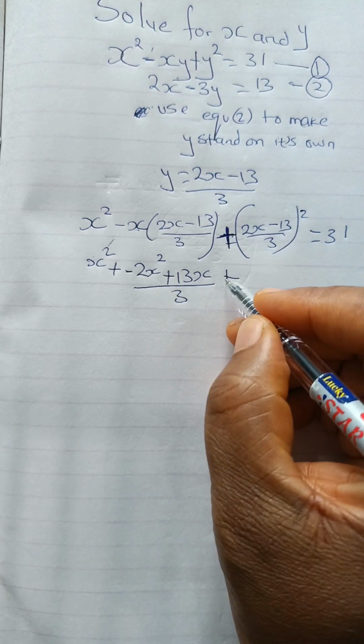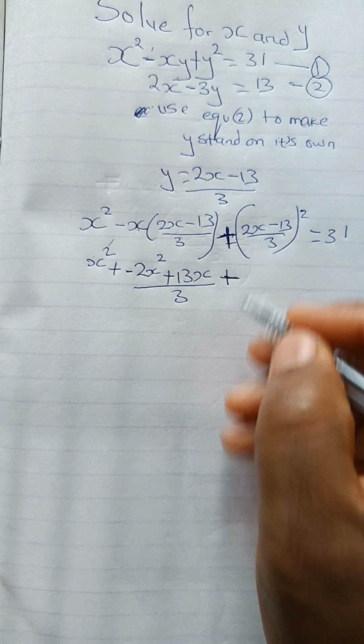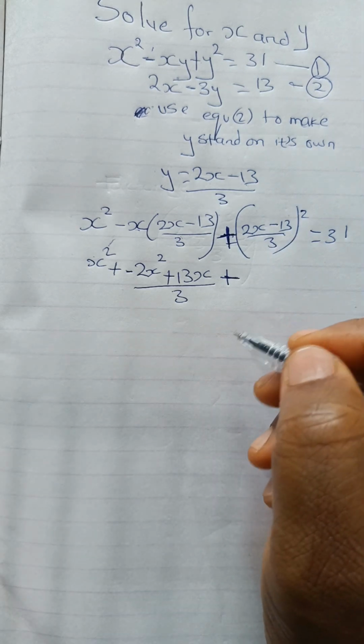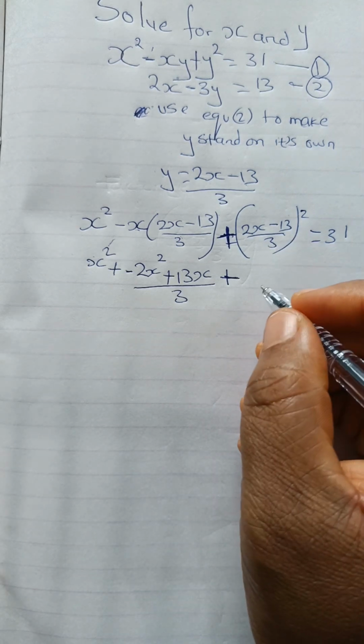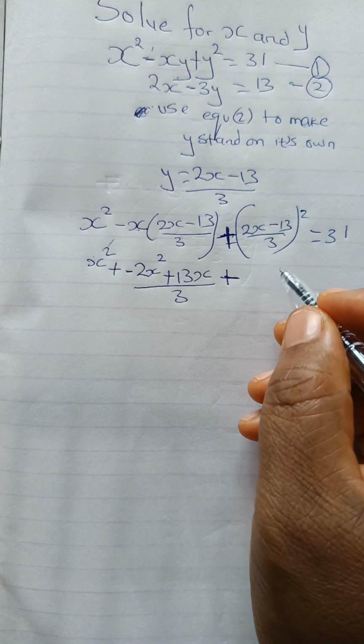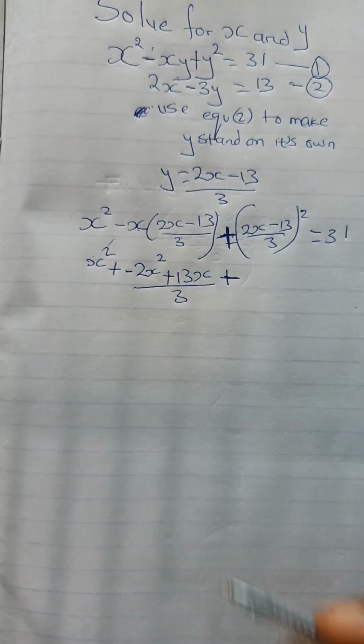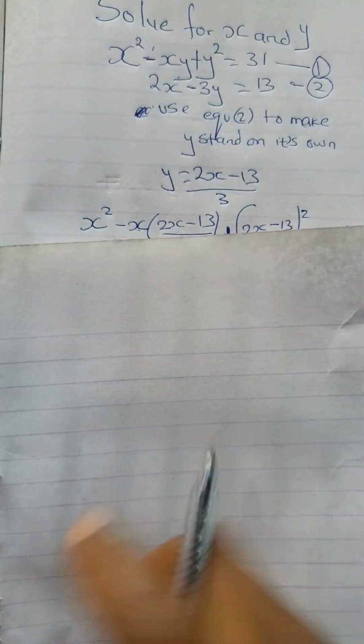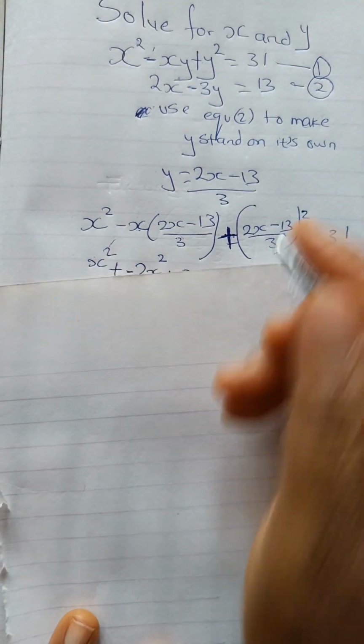I won't be solving it here because it will be so long. This math is going to be a long one, so I will solve it on a different sheet of paper, and I pray it doesn't take so much time.